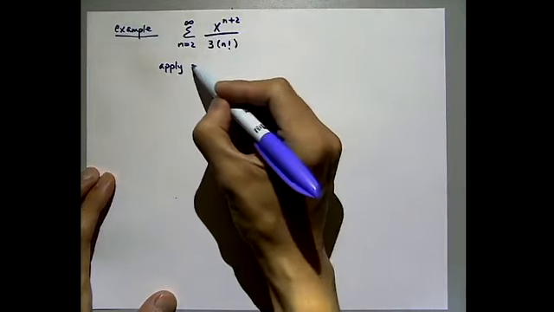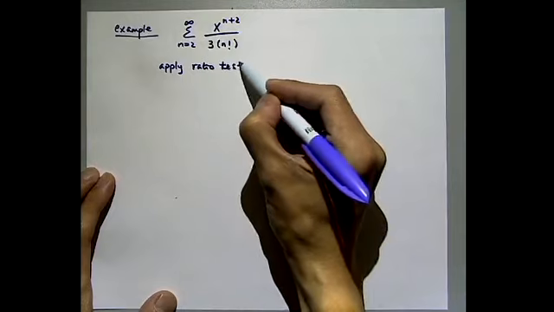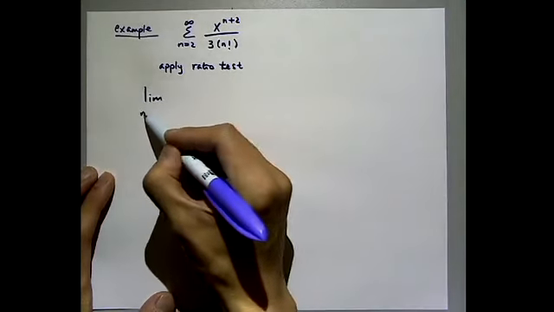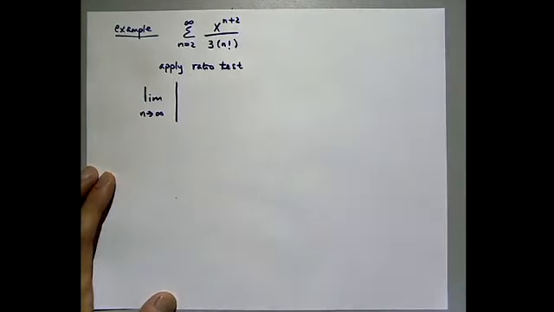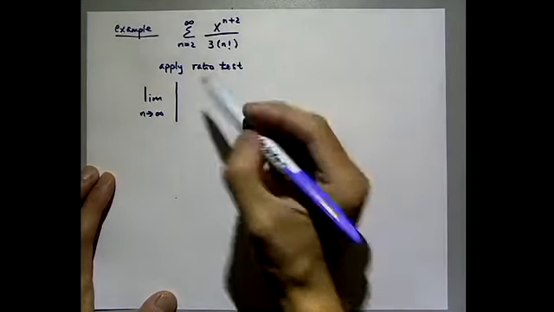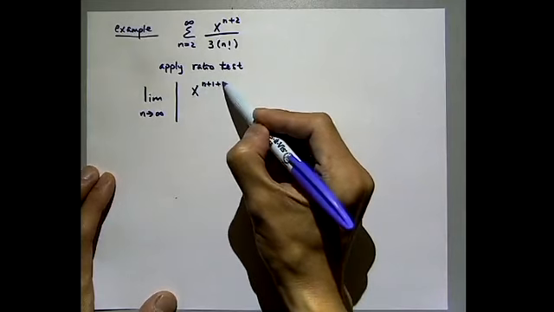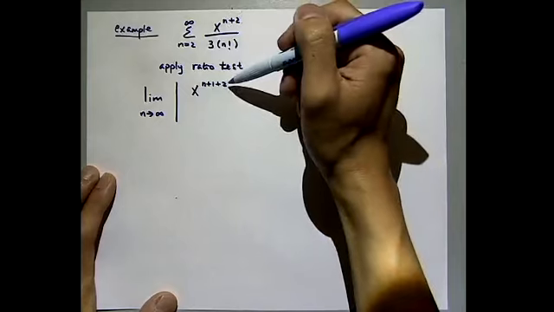Just like last time, we will apply the ratio test. So first we change all the n's to n plus 1. That n turns into n plus 1, and then the original plus 2.